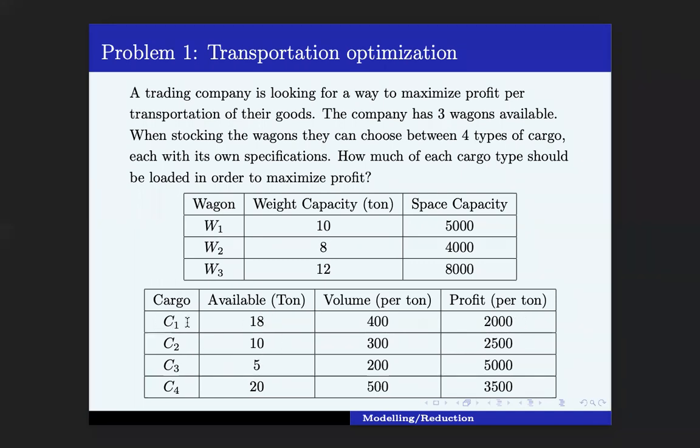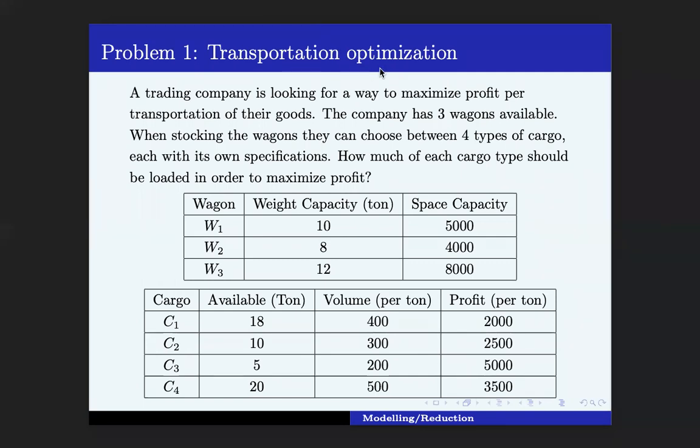It can also take, say, 5 tons of C1 and 6 tons of C2. Then you have to calculate whether the volumes make sense or not, and you have to see which is the maximum, and the profit is calculated accordingly: 5 times 2,000 plus 6 times 2,500.